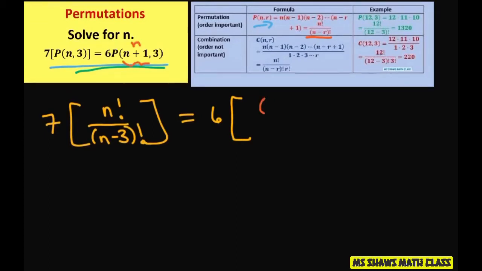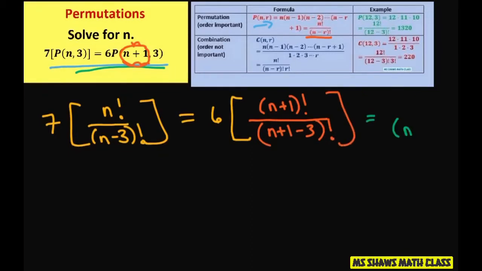So the top is going to be n plus 1 factorial divided by, and then our n is this. So you're going to write n plus 1, because you have to make sure these match, and then subtract the 3. And then that's going to be factorial. Now, the denominator is going to end up being n minus 2 factorial.